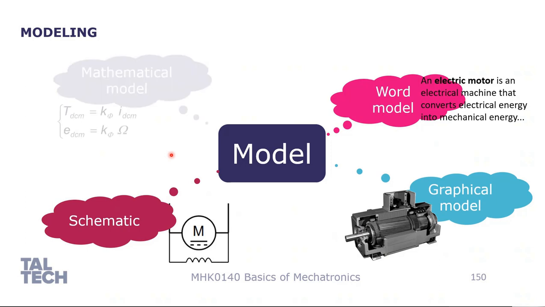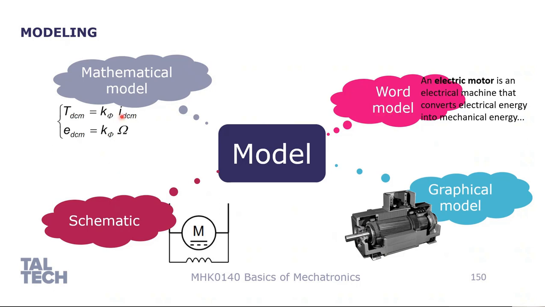One more model that is very useful to describe the processes and the physics happening inside the system is a mathematical model. This is the way we can show what is happening with our system if some of the parameters are changing. Definitely, we can do the same description and get the same result if we use, for example, a word model.